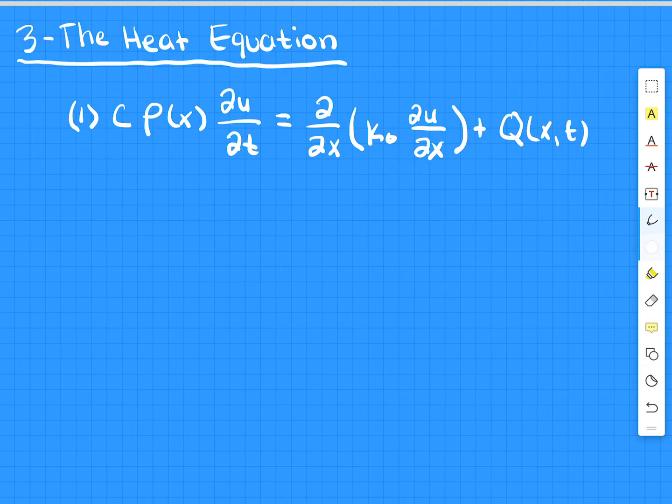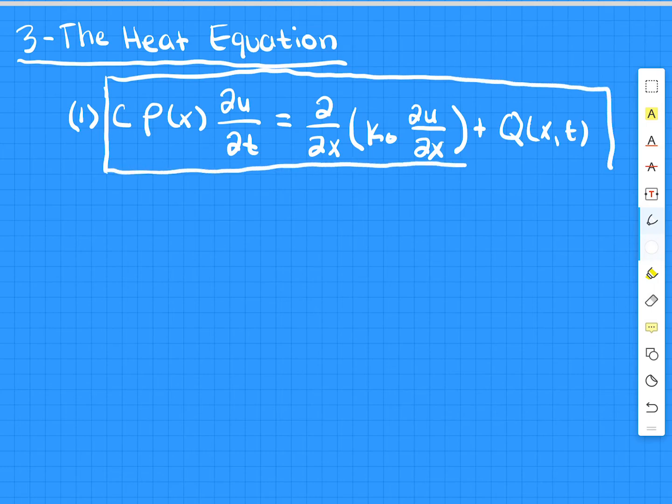I'll explain what all of this means in just a moment. But for now, let's note this equation down, because it's the equation we're going to be working with for the remainder of this lesson.